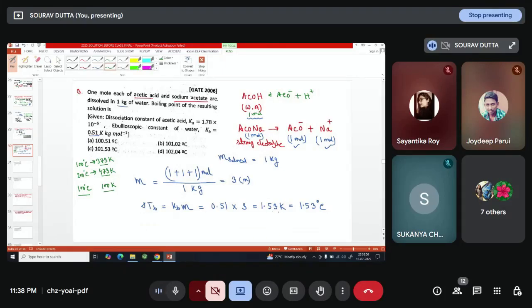That's why this 1.53 Kelvin change in Kelvin scale and centigrade scale is similar.